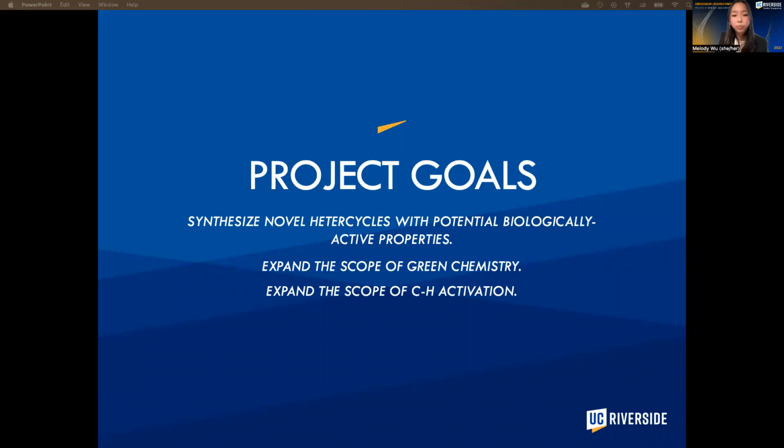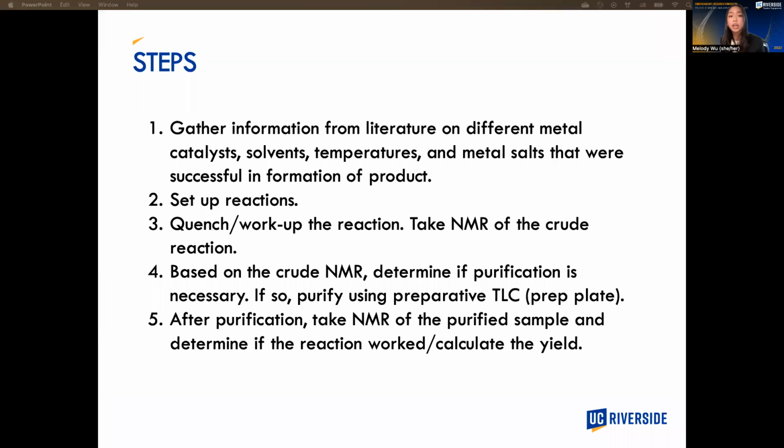And so the steps that I will be taking to gather information and analyze my data is to first gather information from literature on different conditions which were successful in forming products that are similar to my target molecules. Next, I will set up my reactions in an oxygen-free environment and work up the reaction in about 18 hours.